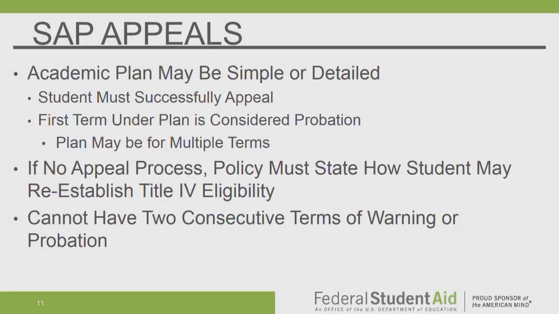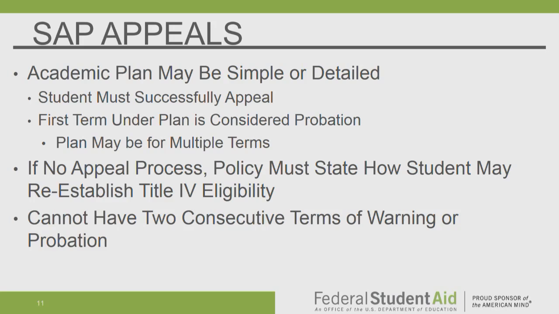And you also need to watch too, because your academic program policy may boot them out before they finish, right? So you need to make sure these are all in the same plan. So there's no reason to do an academic appeal and put them on a plan if the institution's going to remove them from school for not making academic progress, right? So you need to coordinate, understand what's going on from the academic side a little bit, okay?